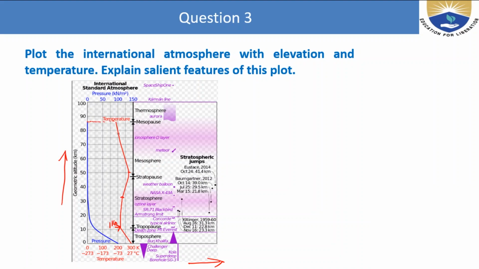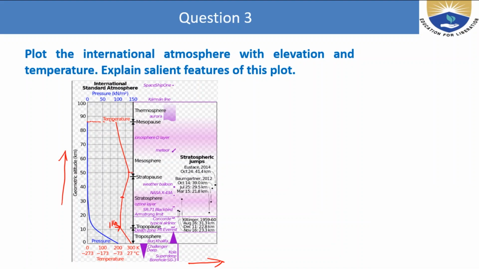This is shown here. So we can see that the relation between temperature and altitude is always varying. It is not constant. In the stratosphere it is falling down. In the mesosphere up to nearly 30 kilometers it is constant. From 30 to 50 it is increasing.